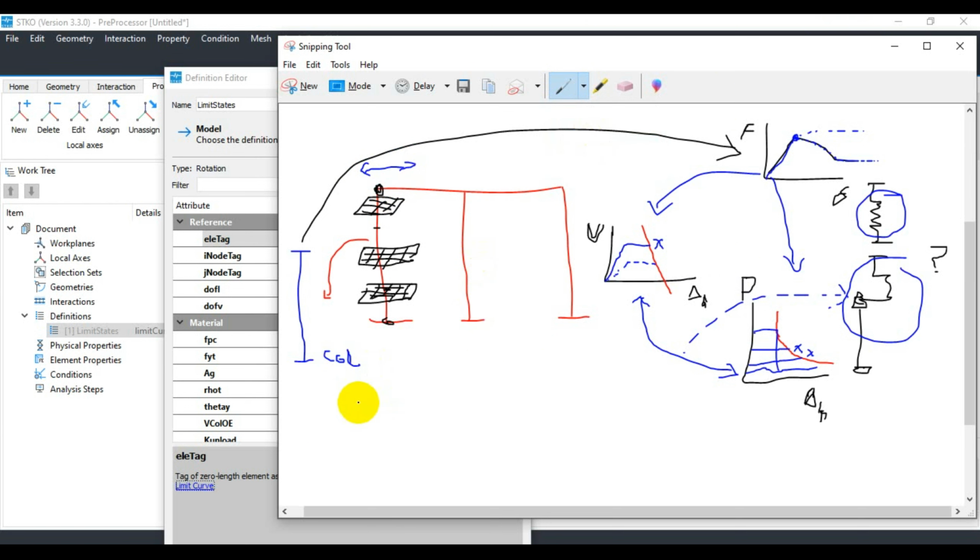So, let's say we have this ordinate in terms of drift and shear, whatever we are using here.